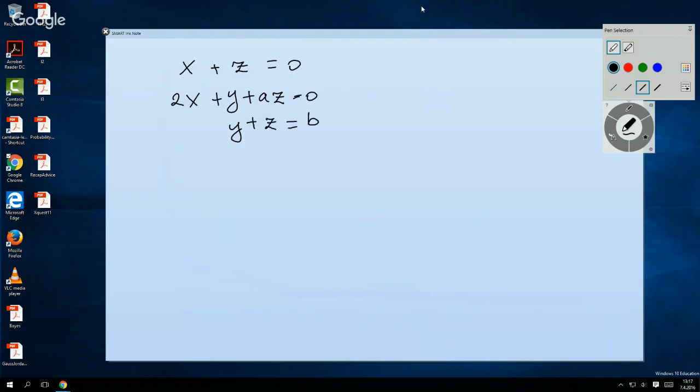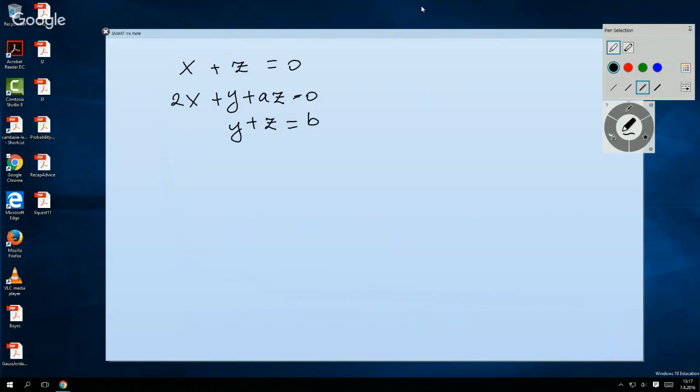And the question is, find all values of a and b for which this system has no solution, one solution, infinitely many solutions. You've done zillions of exercises of this type. So these are relatively easy 8 points for you.